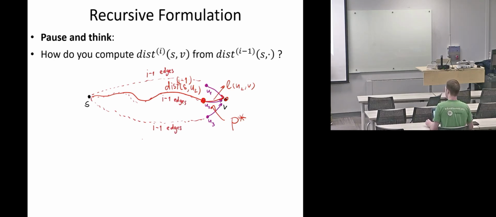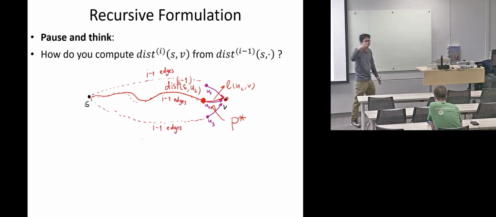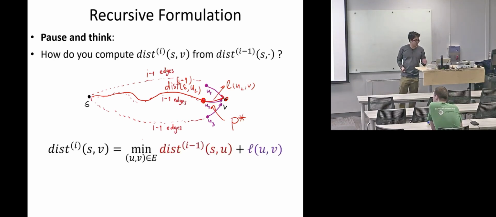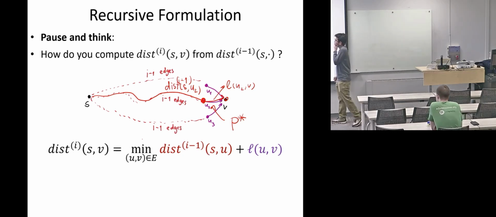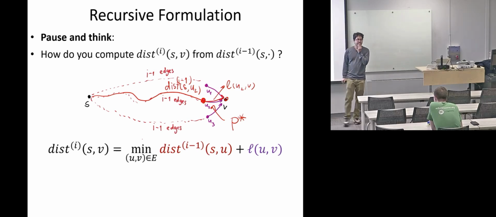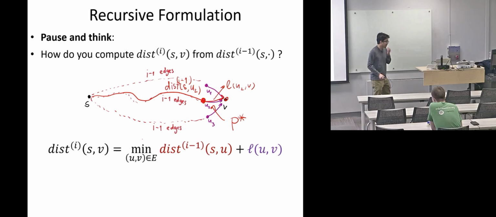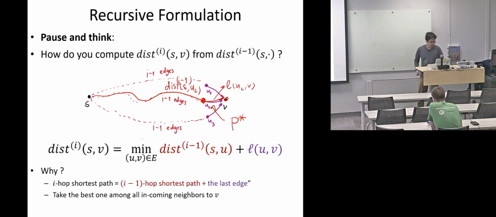You don't know which one, so you minimize over all in-neighbors of V. So the I-hop distance is the minimum over all in-neighbors U of V of the I-1 hop distance from S to U plus the length from U to V. That's the recursive formula.